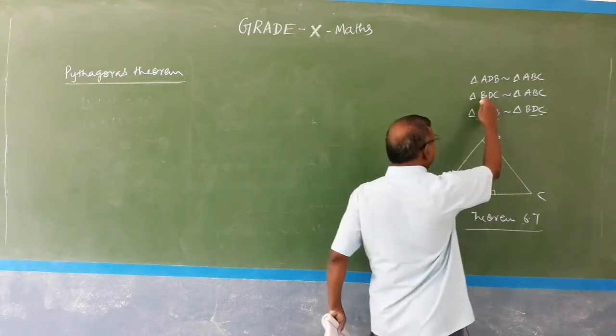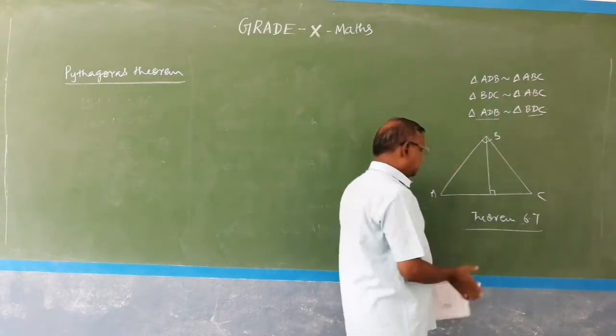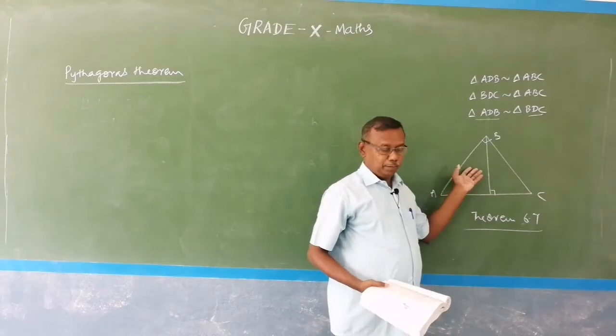If B equals 90 degrees, then AC must be the hypotenuse. Each one is similar to the whole triangle. This is theorem 6.7, and we have already proved that.